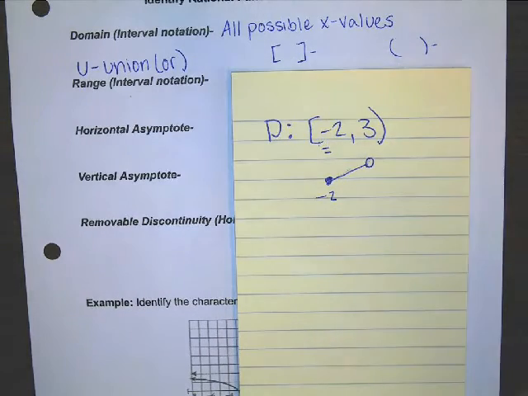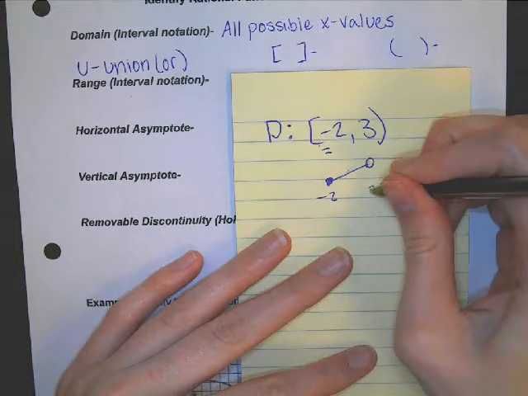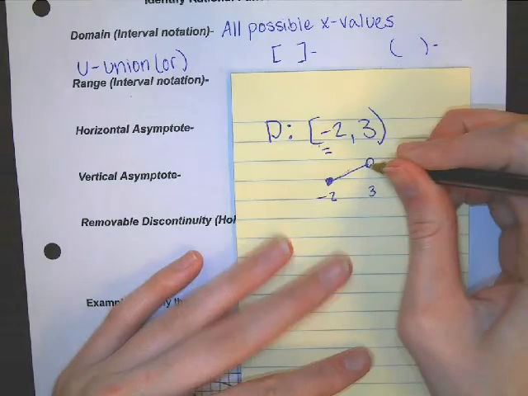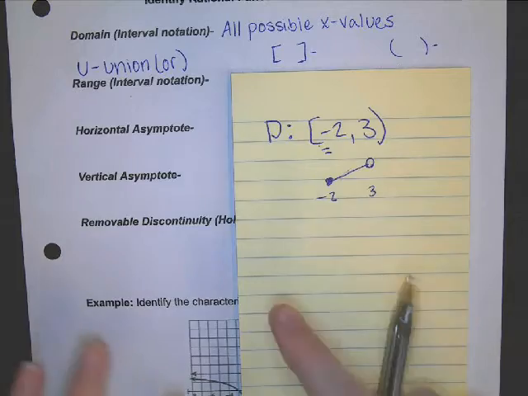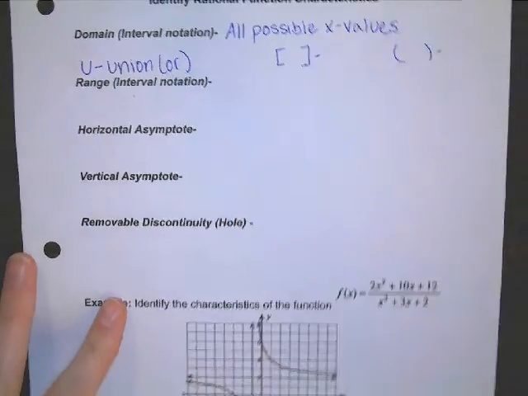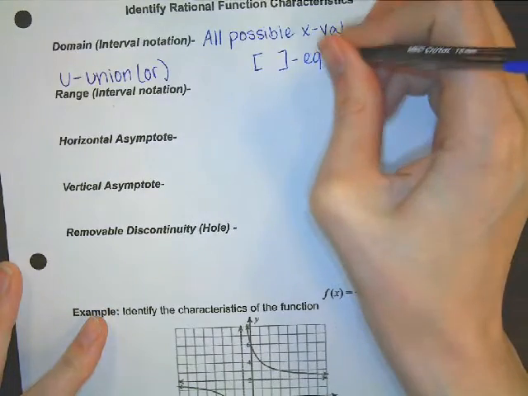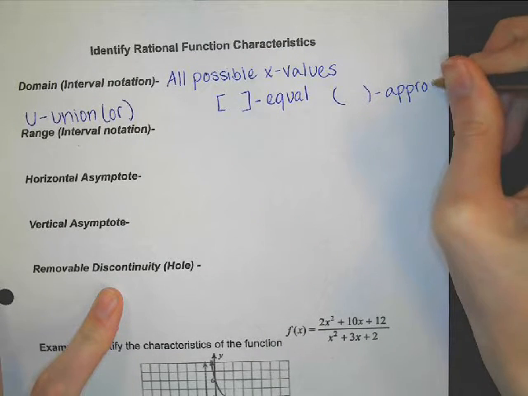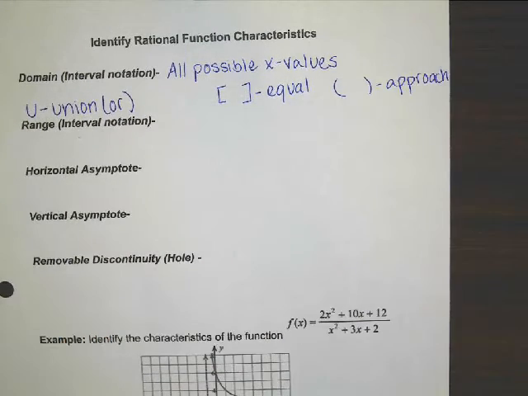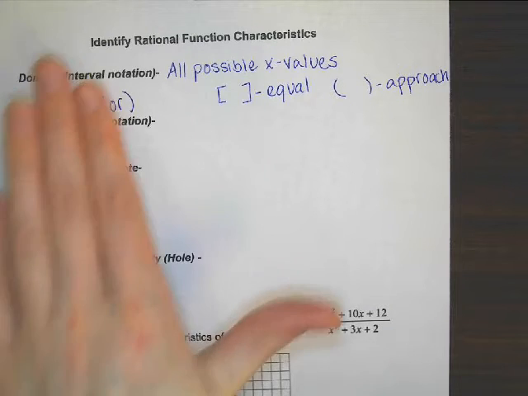Meaning you get really close to it, but does the value 3 right here actually exist? No, you just approach that number. You're hugging it. You get super, super close. So that's the difference between brackets and parentheses. Brackets means you equal. Parentheses means you approach. And when we get to writing the domain and range later, we'll talk about when this union comes into play.